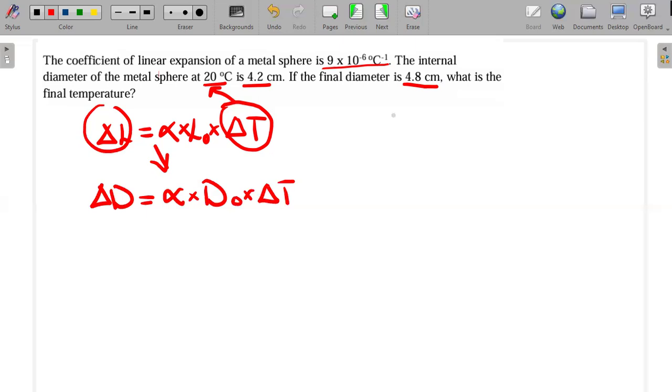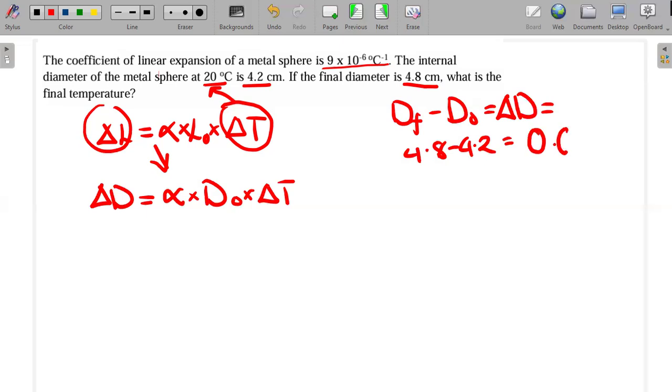So if I say D final minus D initial, I'm going to get change in diameter, which will be equal to 4.8 minus 4.2, giving me 0.6 centimeters. That is the change in diameter, and that is the one that we're going to plug in here.